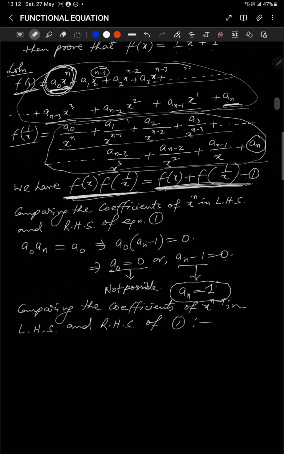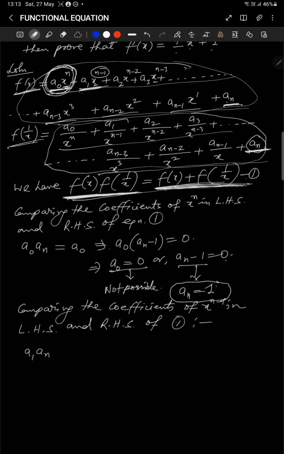Now you see, if you are multiplying f(x) and f(1/x), and we have to get the coefficient of x to the power n minus 1. So do you find, if we multiply this particular term with this one, then we will be getting x to the power n minus 1. So the first coefficient in the left hand side could be a1 an.